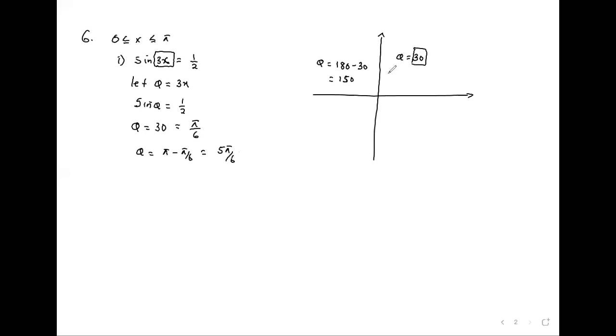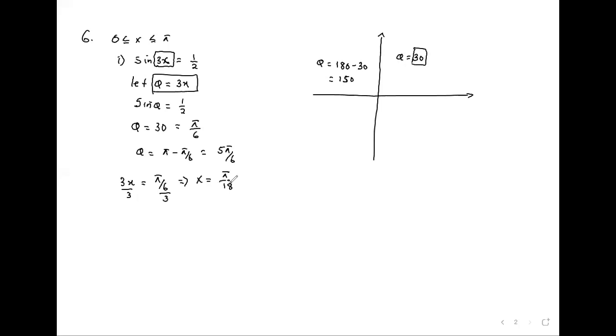So far what we have is that 3x. Remember, theta is 3x. So once you find theta, you go back to 3x and say 3x is equal to pi over 6, implying that if you divide by 3, x is pi over 18. That's the first value of x.